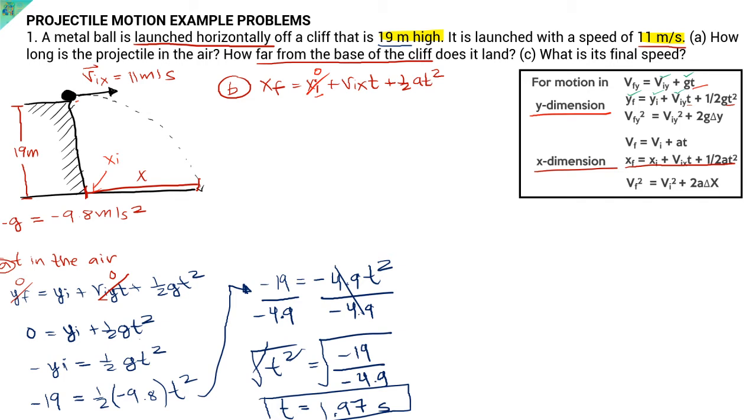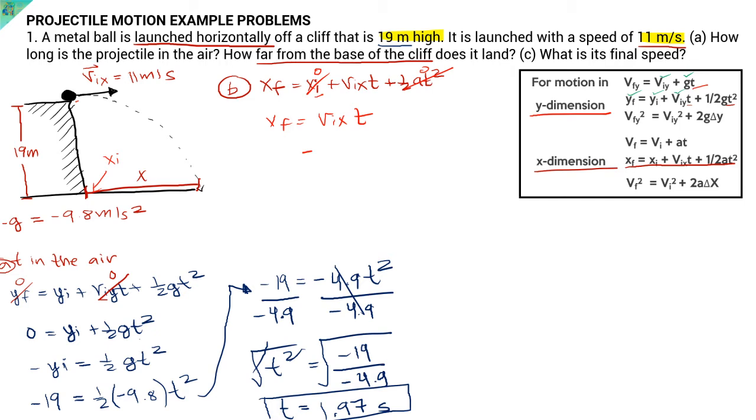A, or acceleration in terms of the x-axis, is 0 primarily because it's launched at a velocity of 11 meters per second and there's no other factors affecting that, unlike gravity. Remember that gravity only affects the y dimension. So this a should be 0. Our final formula would be xf is equal to Vix t.